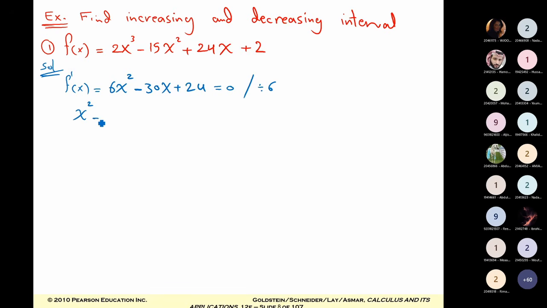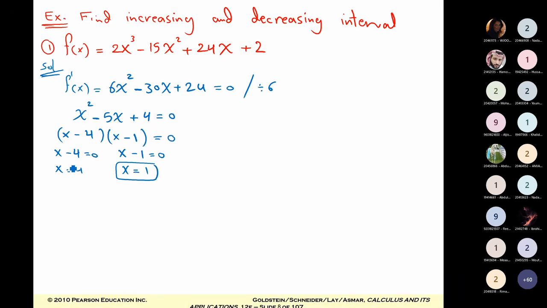We have x squared minus 5x plus 4 equals 0. By factorization, we need two numbers with product 4 and sum negative 5. We have negative 4 and negative 1. So x minus 4 equals 0 and x minus 1 equals 0. x equals 4 and x equals 1. This is the stationary point.